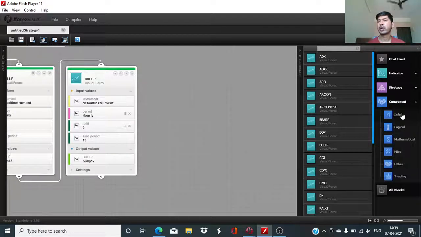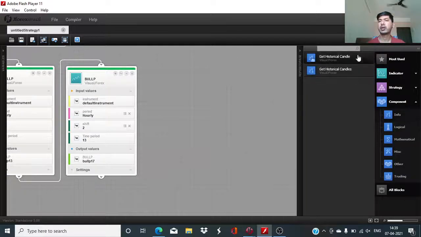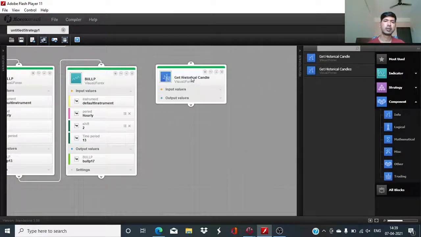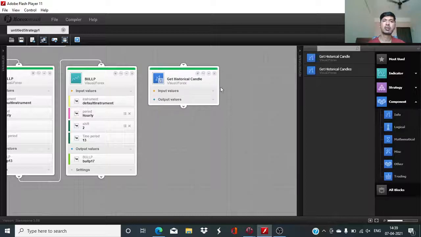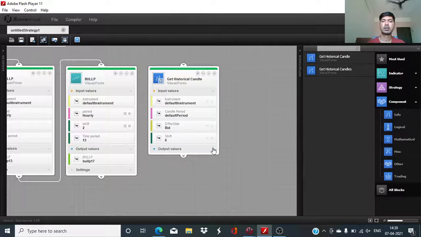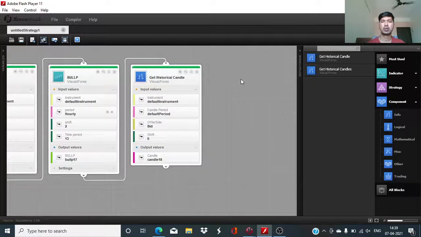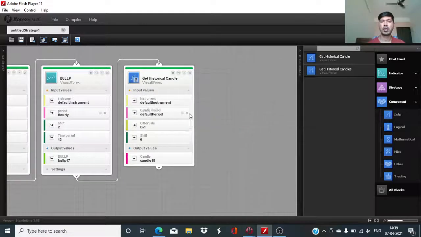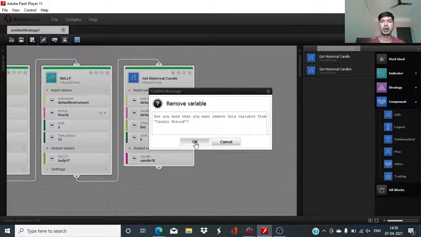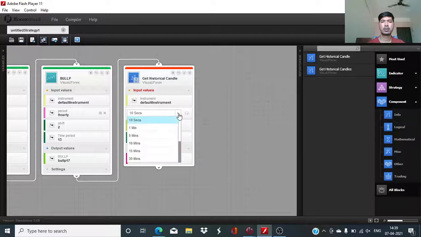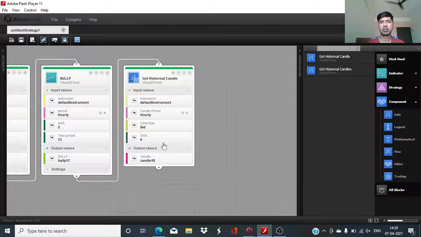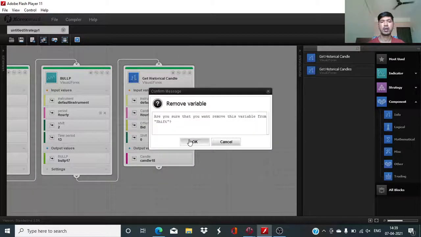So we have to take info components. This will be of hourly time frame as well. Look back period of 1.